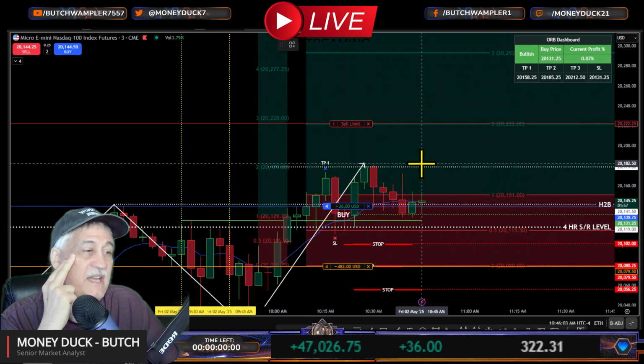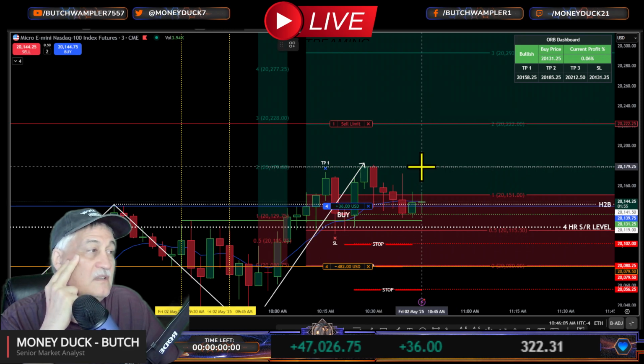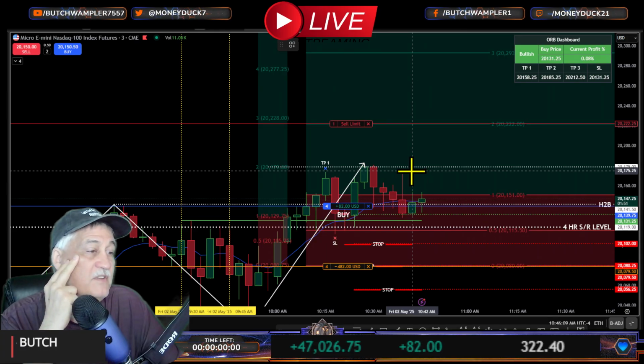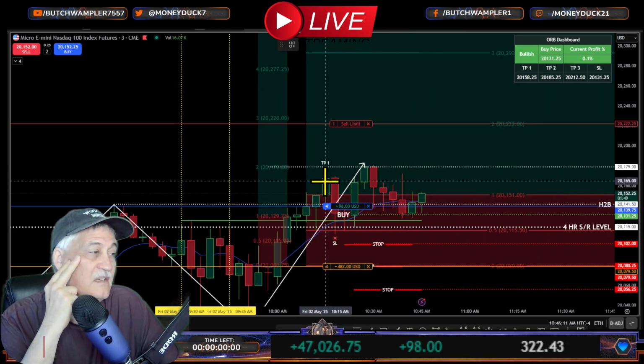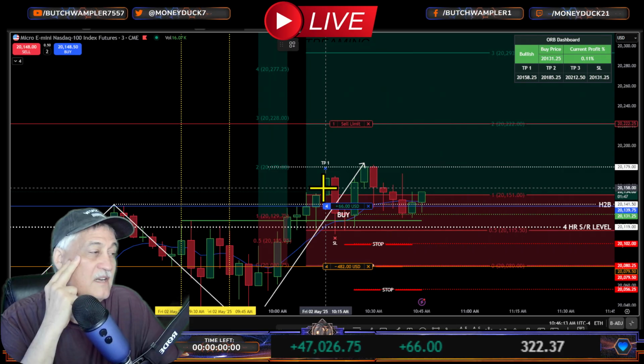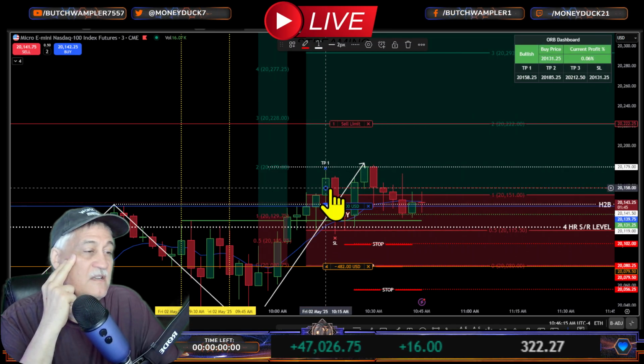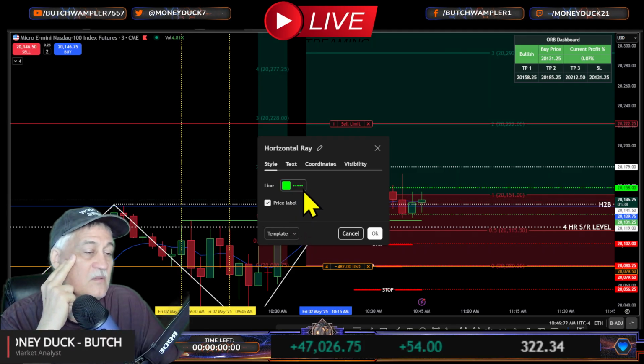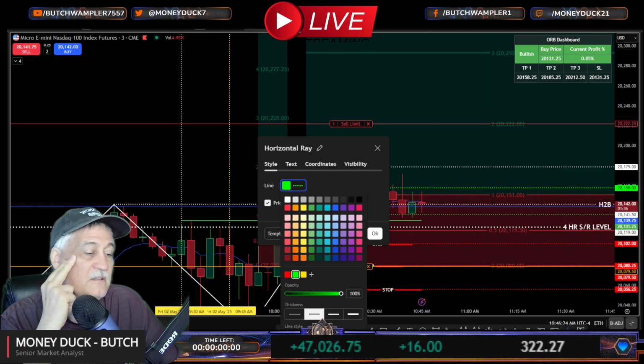And let's see, we have the first one is at 20,158. That's kind of small. It's right there. So that would be a take profit level. I'm going to color these green, and we're going to make these a solid line.